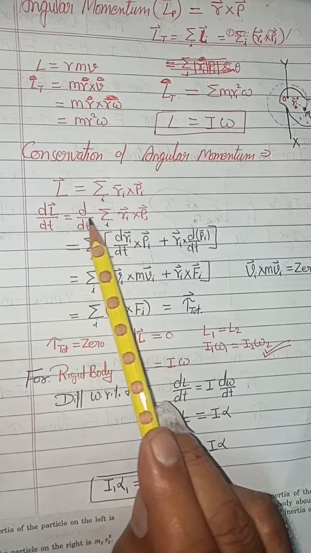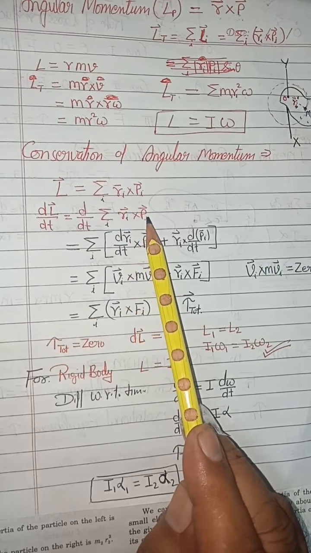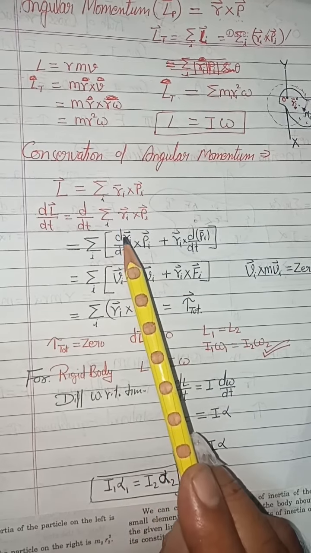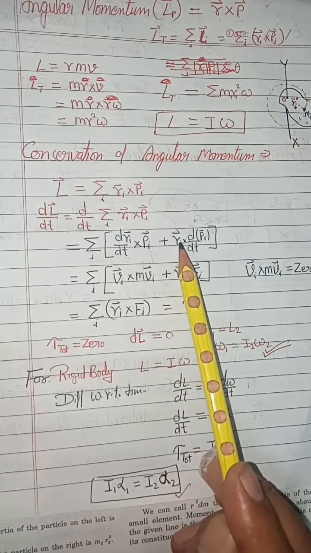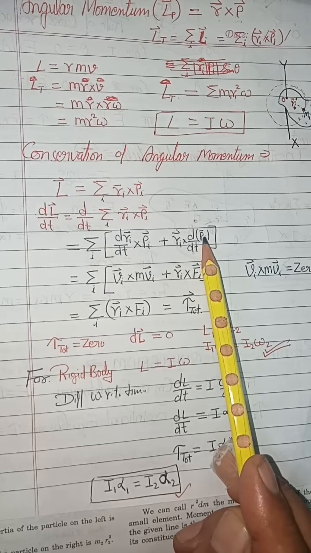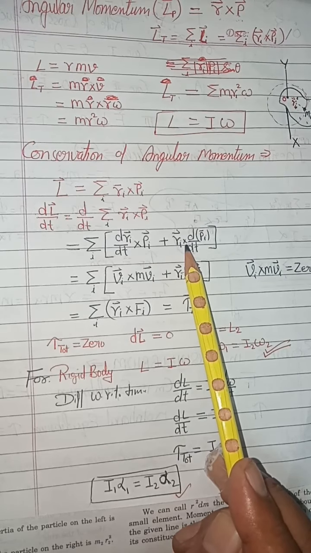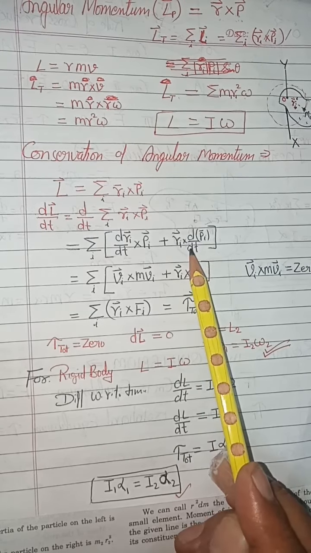So it becomes the differentiation of a cross b. The differentiation of a cross b is the differentiation of a with respect to time cross b, plus a cross the differentiation of b with respect to time.